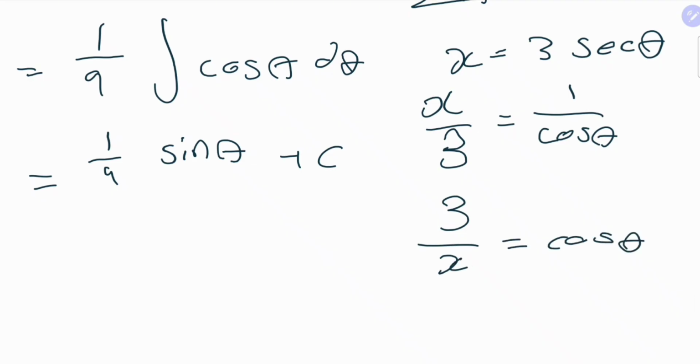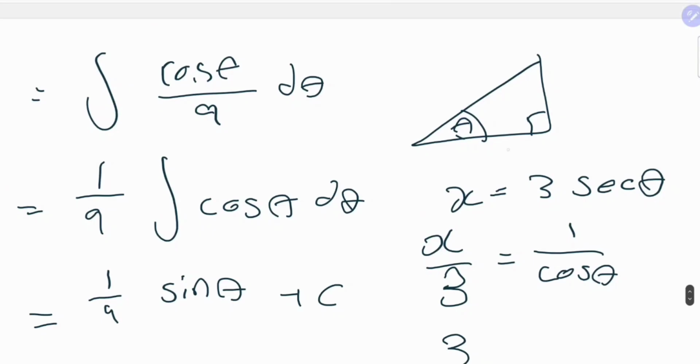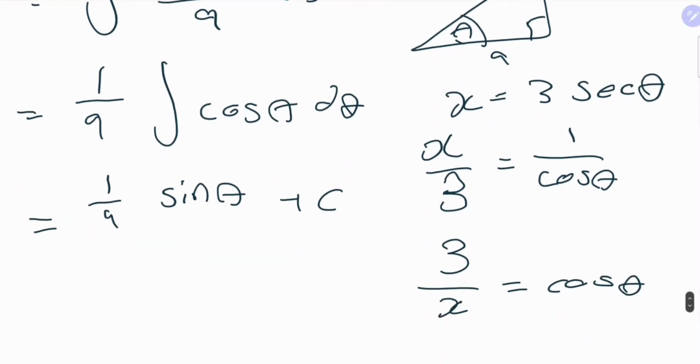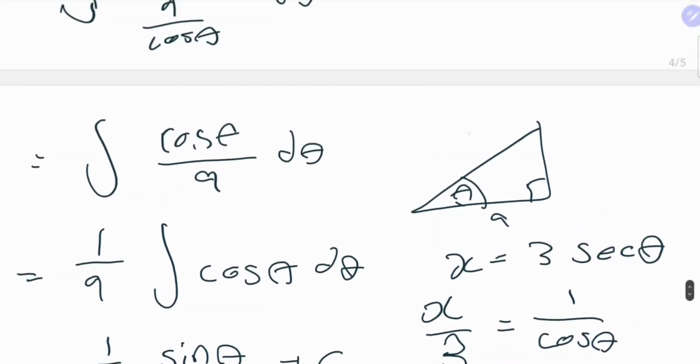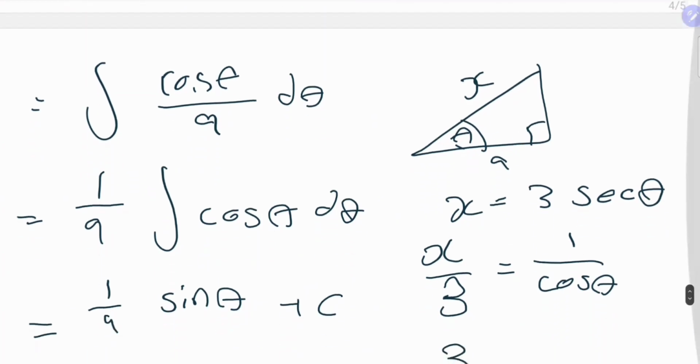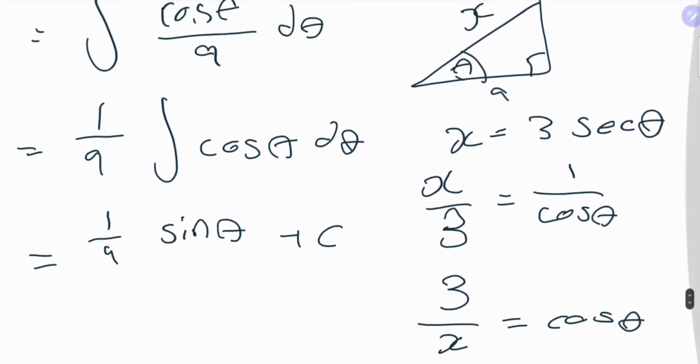Cosine is adjacent, or 3, over hypotenuse, or x.